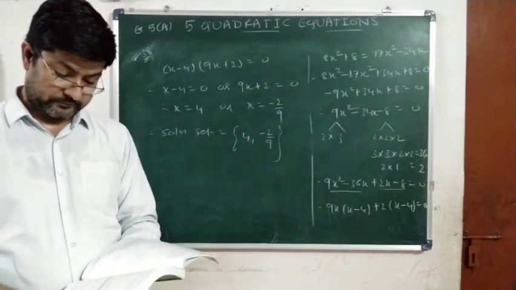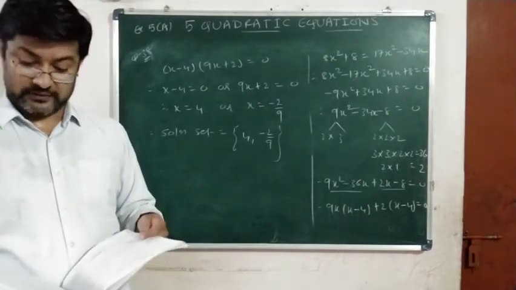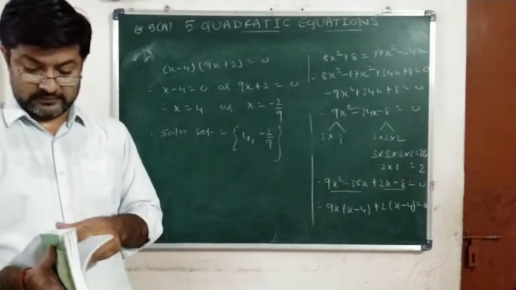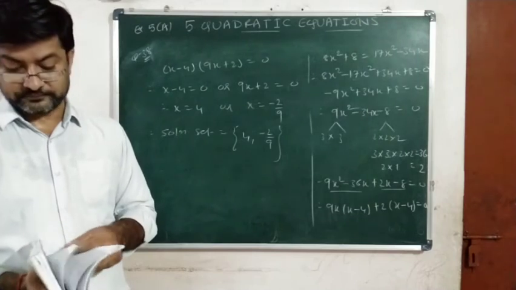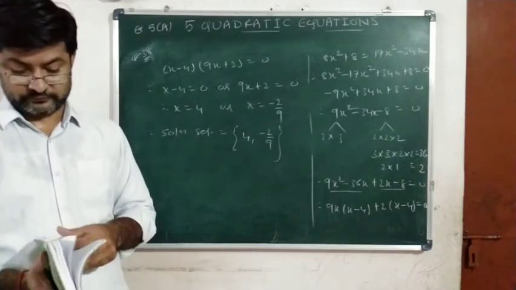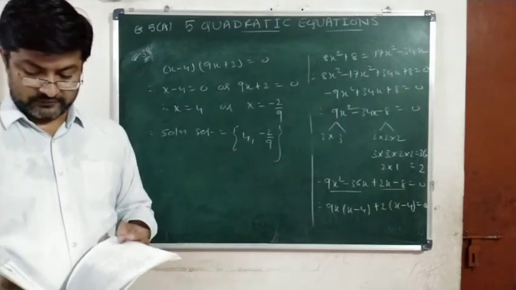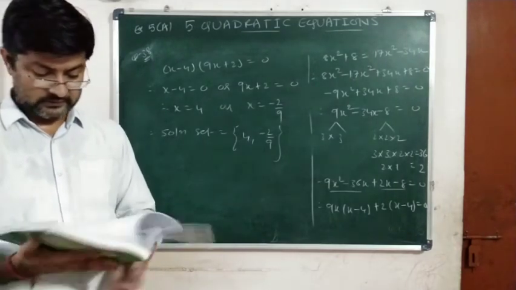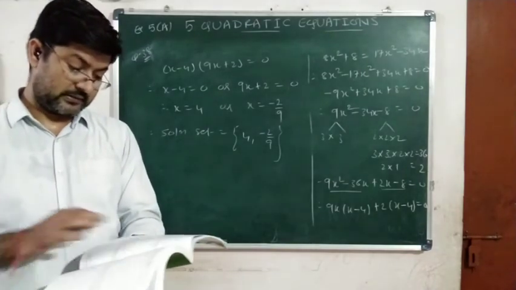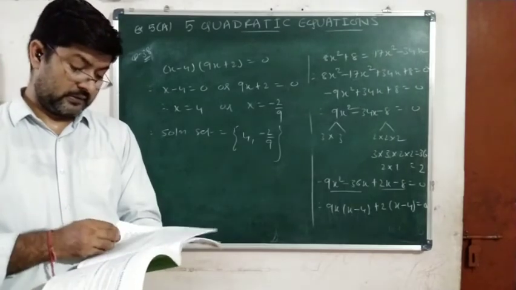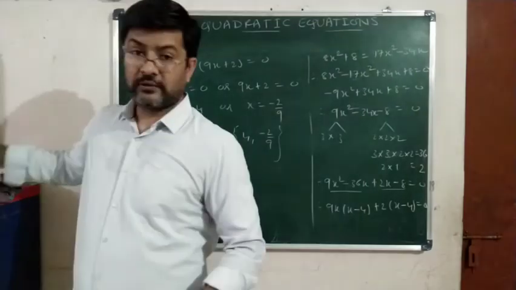Okay, so after that 5b and then we have 5c, nature of roots. So two more exercises are left in this chapter. After completion of this exercise, yes. Okay, so see you in the next video.